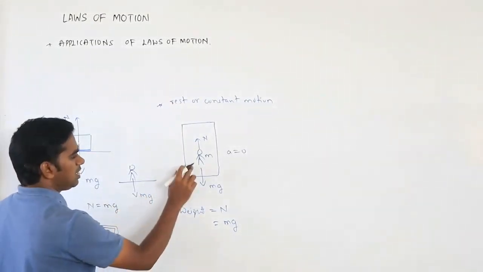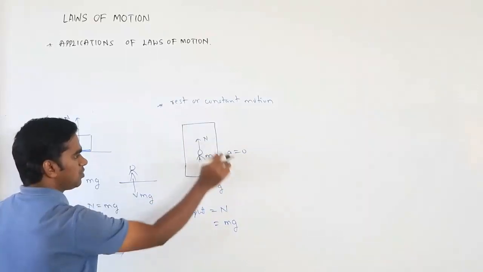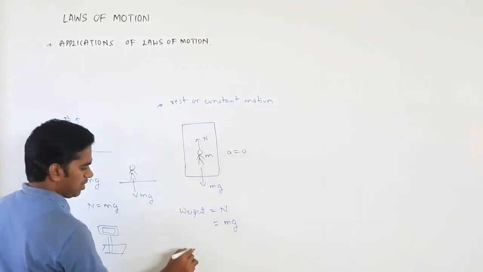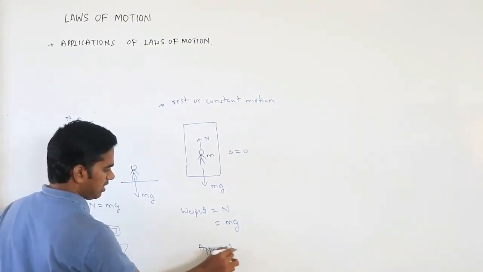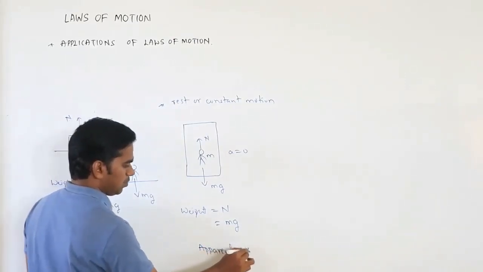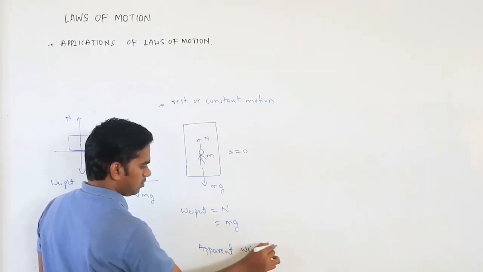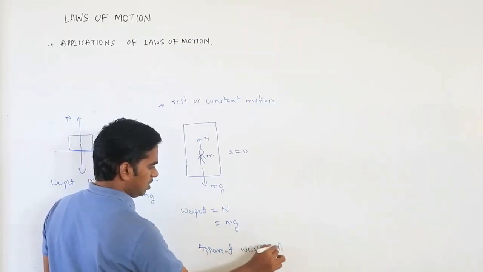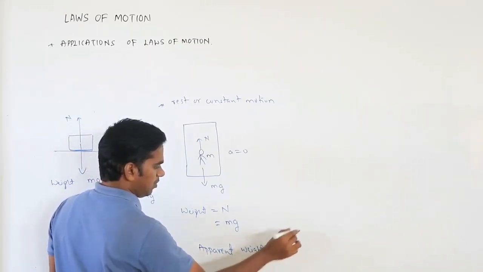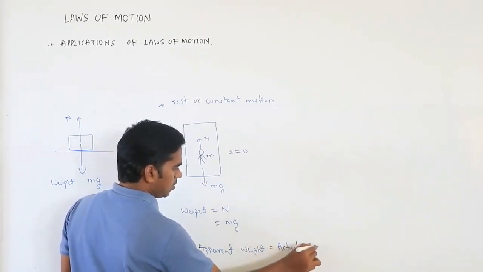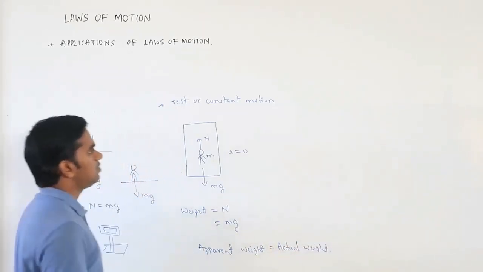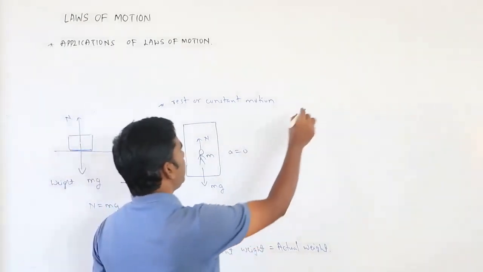So when you go in the lift, if the lift is at rest or moving with constant velocity, the apparent weight, meaning weight inside the lift, is equal to the actual weight, meaning weight outside the lift.